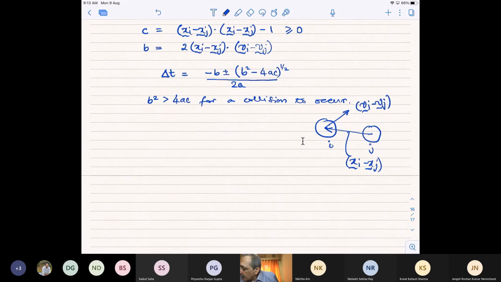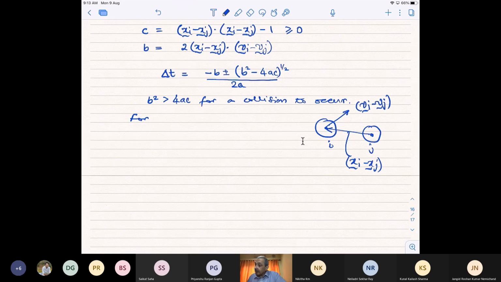So this is like assuming that the coordinate system is centered on j. So this velocity is 0 and this velocity is vi minus vj. And if the velocity vector is pointing in some other direction, then the distance between the particles will increase.